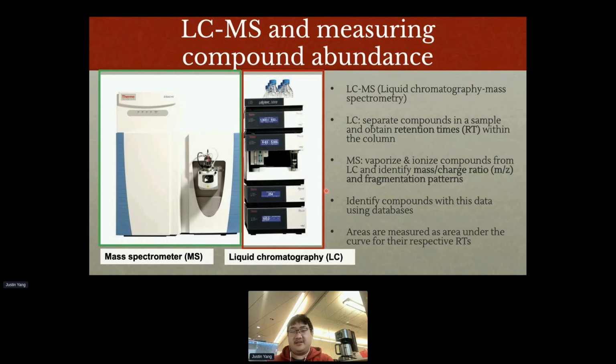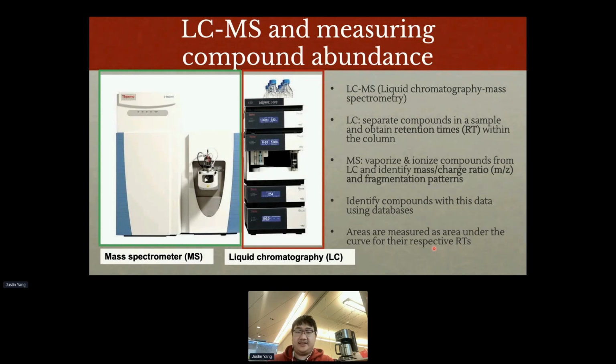LC, or liquid chromatography, is used to separate the compounds and obtain the retention times, and MS, the mass spectrometry, is utilized to vaporize and ionize and ultimately identify the mass-to-charge ratio and fragmentation patterns. We then utilize a myriad of different databases to identify compounds based on these three recorded values, as well as the area under the curve for the retention time.